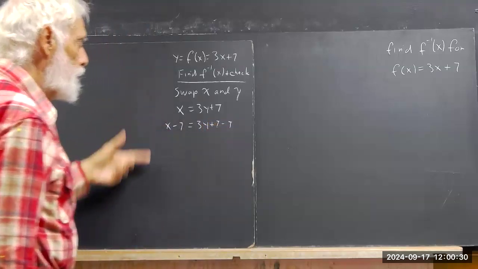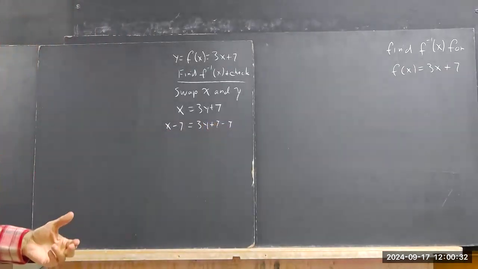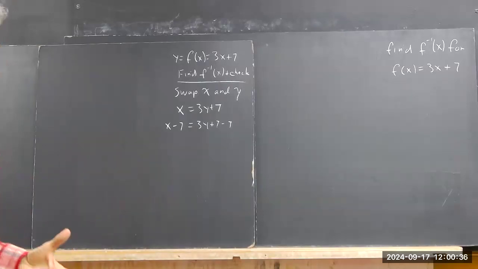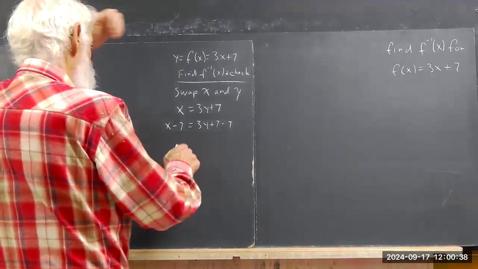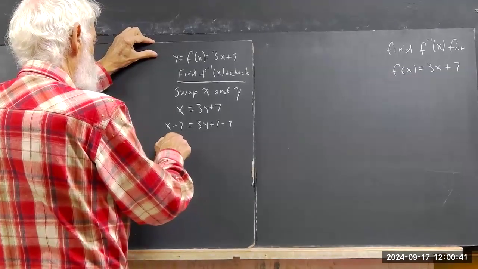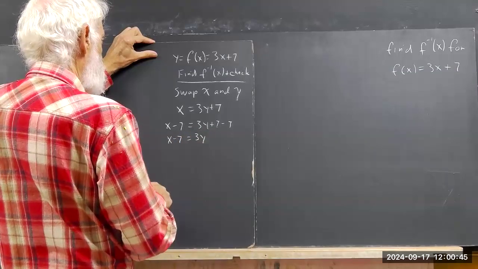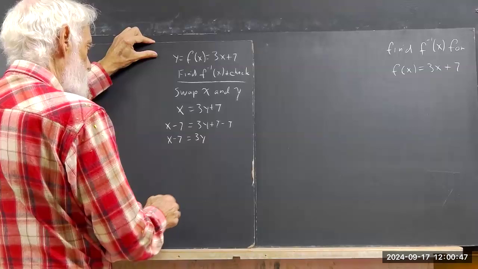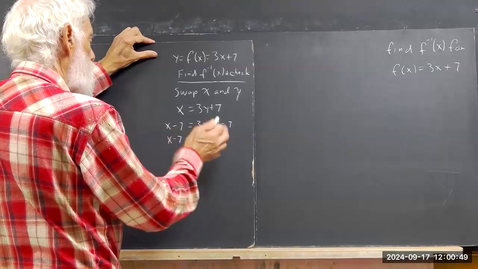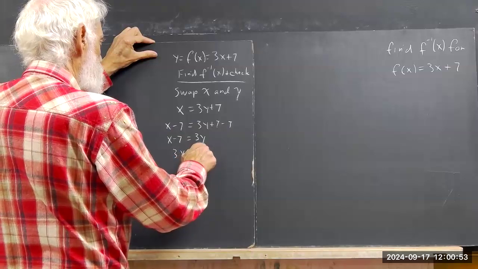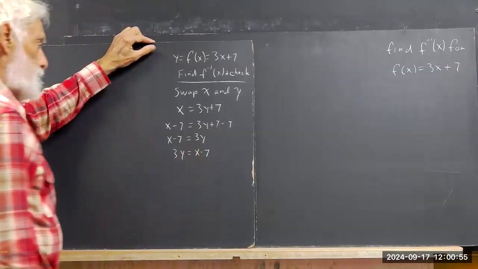Be sure you're writing out these steps coherently, because if you don't, you tend to get lost. So we get x minus 7 equals 3y. Then we divide both sides by 3 because we want to solve for y. First, we put the y on the left, the x on the right.